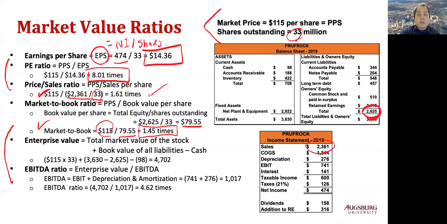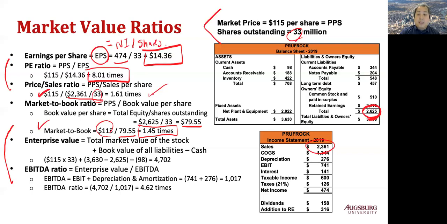But the problem is in the real world, it's very hard. It's impossible to get an individual asset's market price. Instead, because the asset should be the same as the sum of the liability and the equity, if you can get the market value of the liability and the equity, then we can get the market value of the asset.